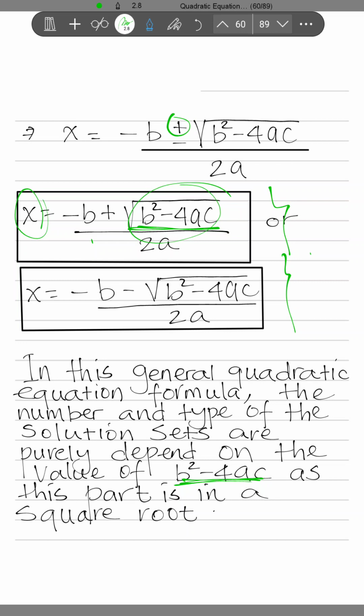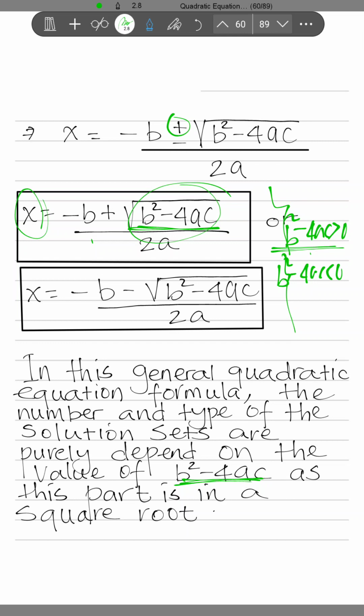What type and what number, in fact. What type in a sense, b squared minus 4ac has to be greater than 0 for a real solution. But if b squared minus 4ac is less than 0, a negative number in a square root is not defined in real number domain.